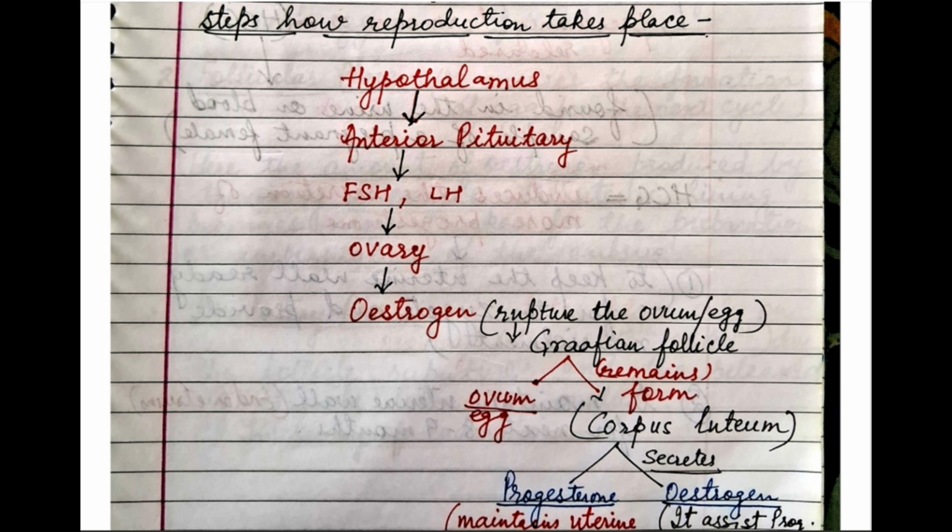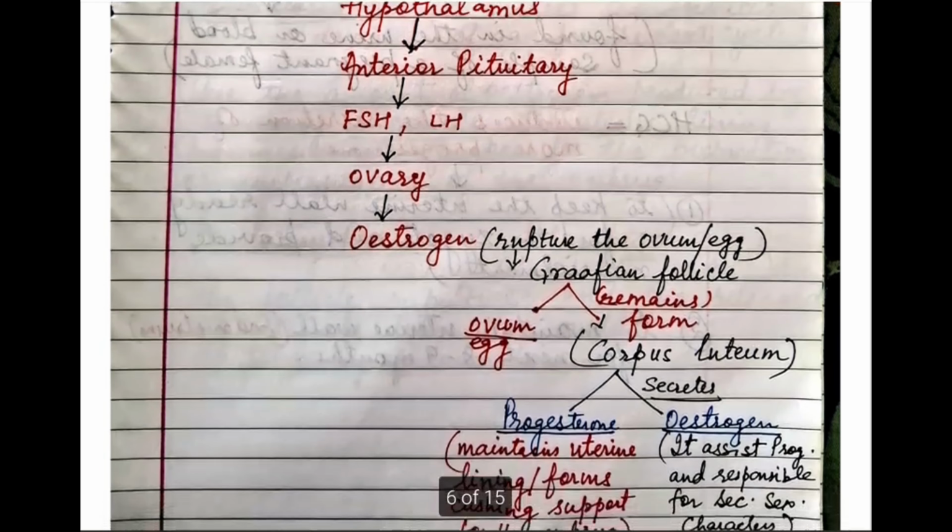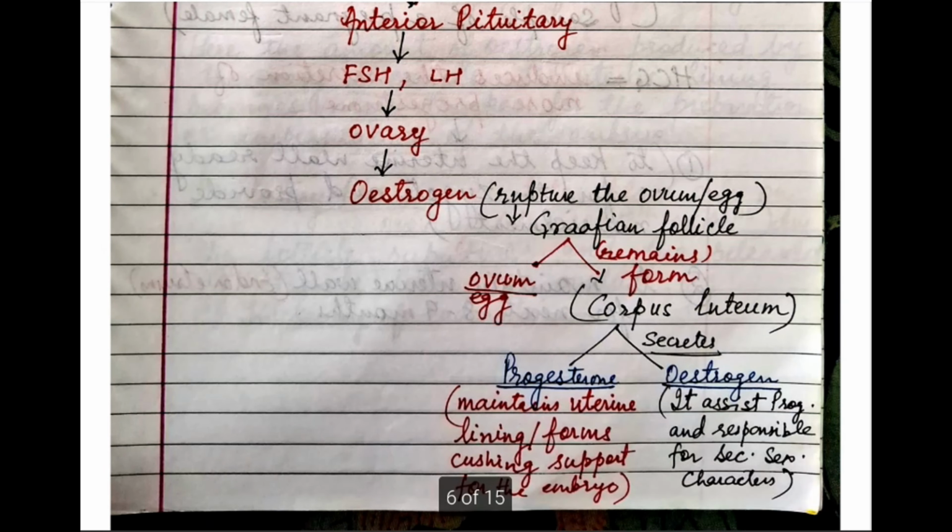It is divided into two parts: the ovum, that is the fertilized egg, and the corpus luteum. This corpus luteum is a yellow colored outgrowth which is formed. It secretes two important hormones which further help in reproduction, that is estrogen and progesterone.